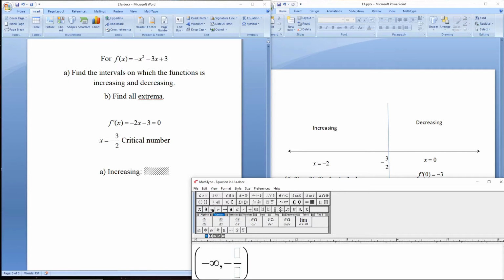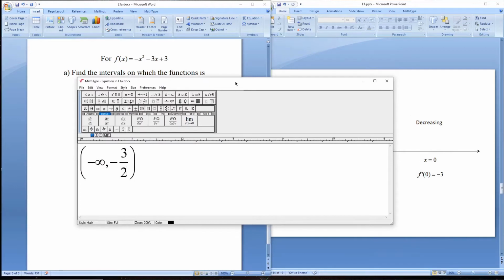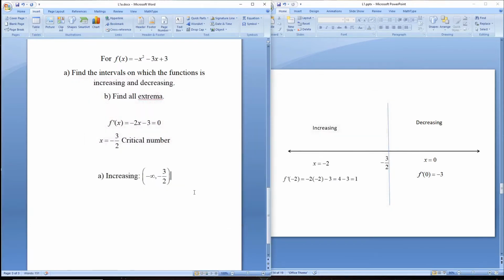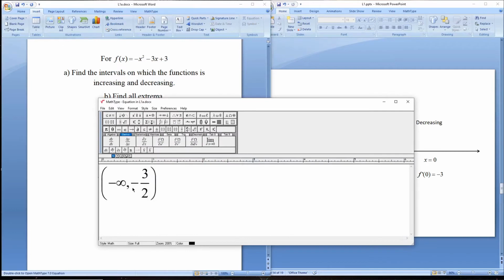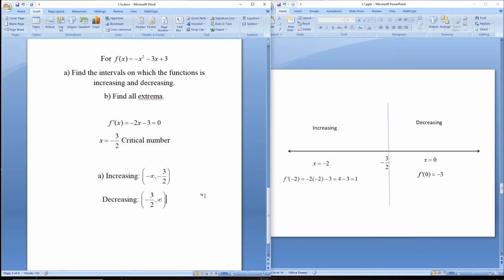Now the turning point is technically considered to be constant at that. It's neither increasing or decreasing. And so the turning point does get the open interval notation. And that's our answer. This function is increasing from minus infinity to minus 3/2. And then we know it's decreasing from minus 3/2 then to positive infinity. And that's our answer then for part A.